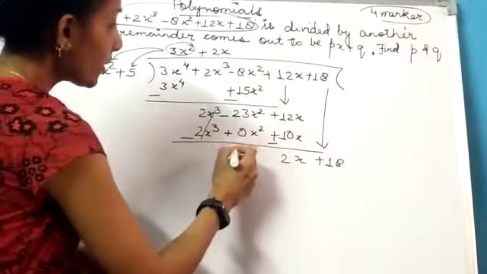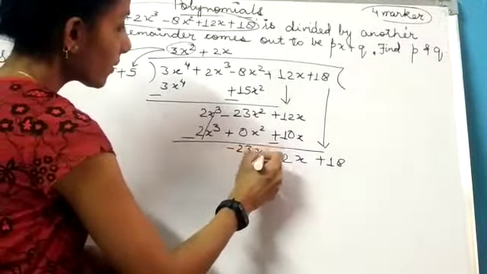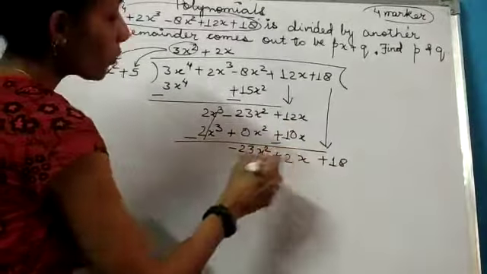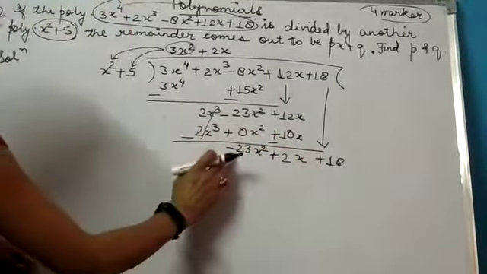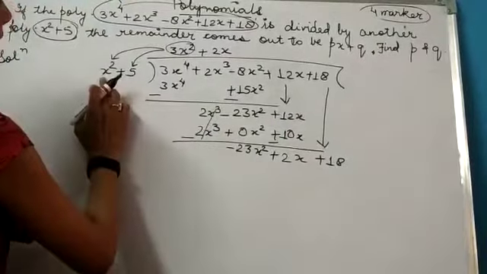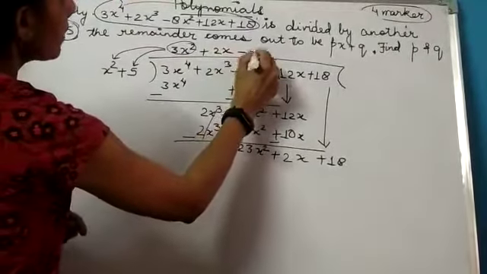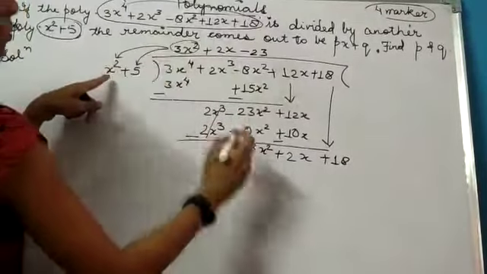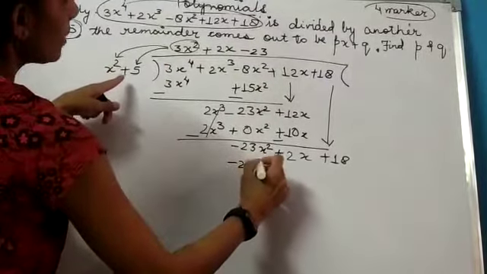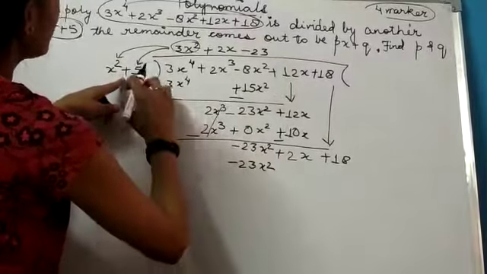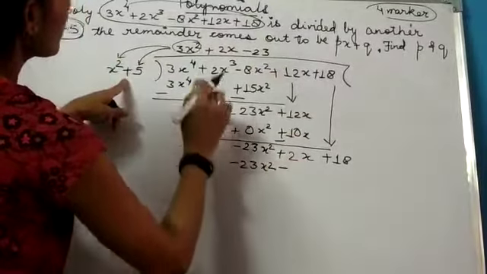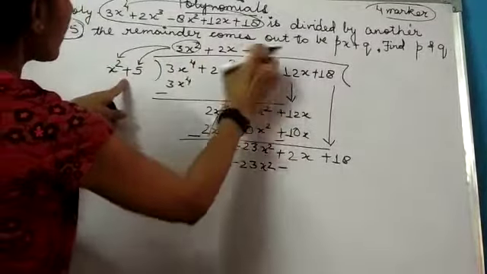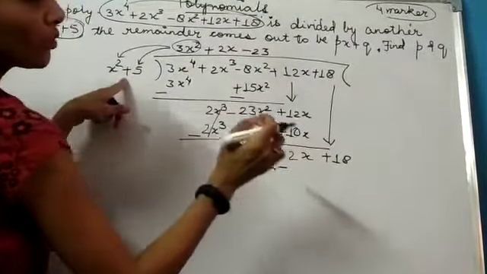This minus 23 has to be written here. And this is plus, so I am writing it like this. Now again, this is minus 23 and here it is x squared, so I am multiplying it with minus 23. So multiply this minus 23 with this and with this also. So I am getting minus 23x squared. This plus into minus will be minus, but x is missing over here, that means this value should come here.